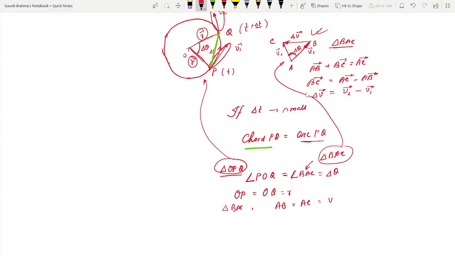The thing is that their magnitudes are equal. I have not given here any kind of vector sign, so this is simply their magnitude. So I am considering mod of V1 is equal to mod of V2 is equal to V. This is what I am considering over here. Do you understand about this? Are you getting my point?